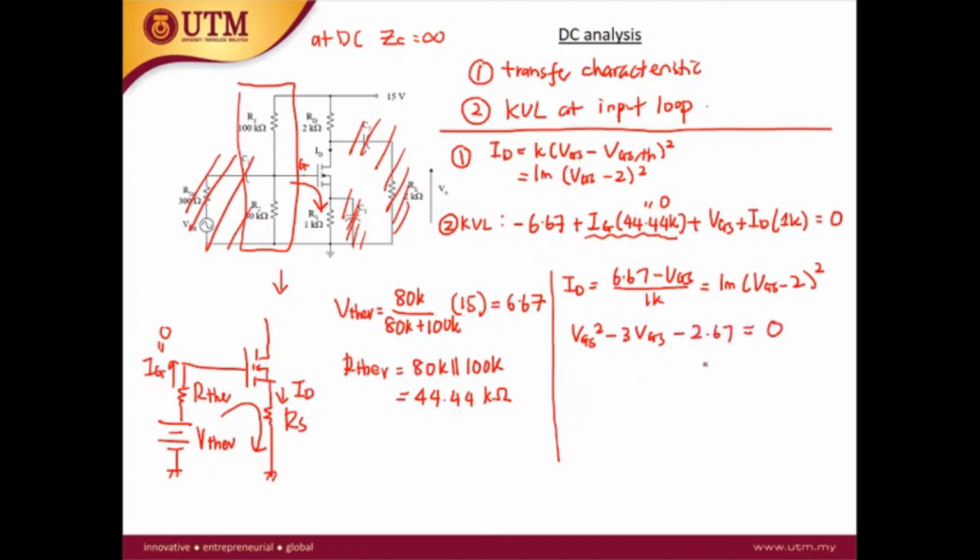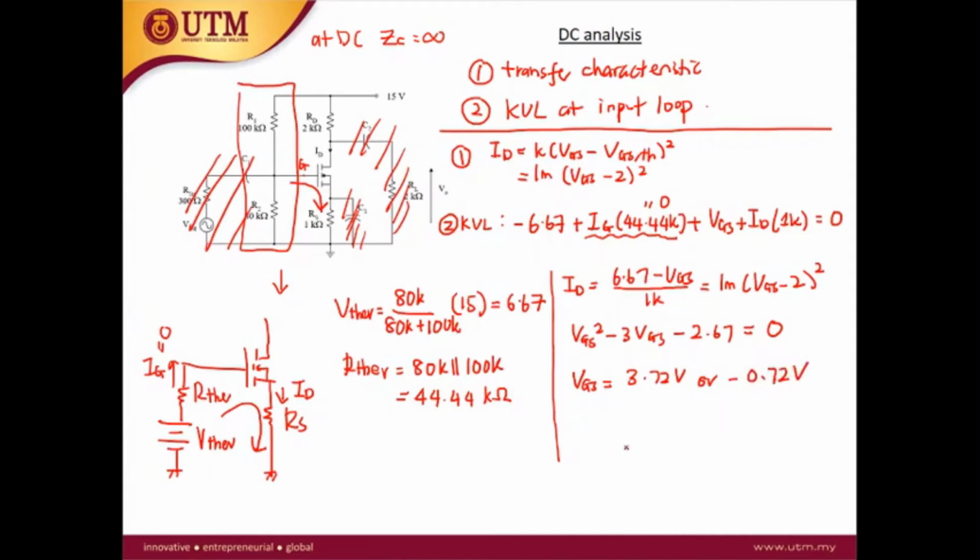This quadratic equation has two solutions: VGS equal to 3.72 volt or minus 0.72 volt.